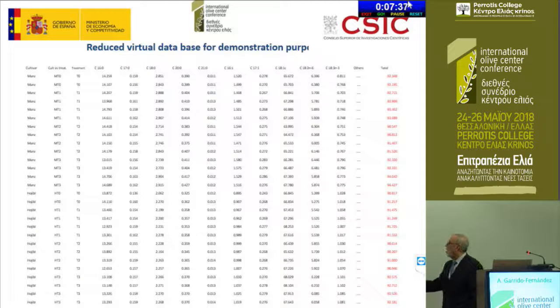I would like to fix you on the amounts. The amounts are close to 90, but are not the same. Then what is the first step we have followed when using compositional data analysis?